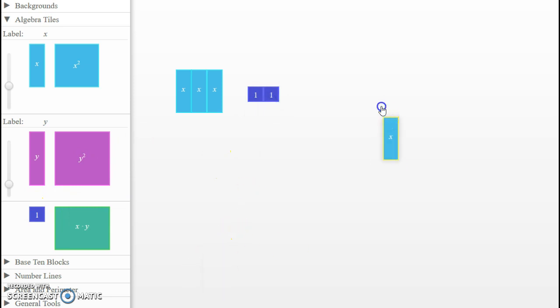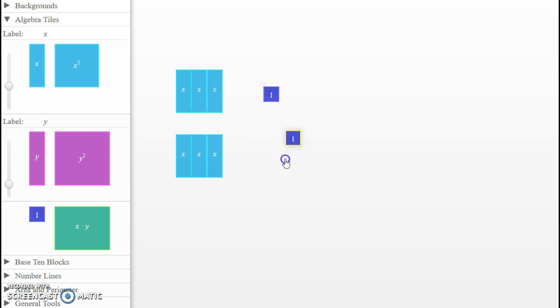Is that the same as 3x? Never. These are never the same. And 3x and x3? Well, that would be part of the commutative property since we can multiply in any direction. So x times 3 or 3x is always the same.